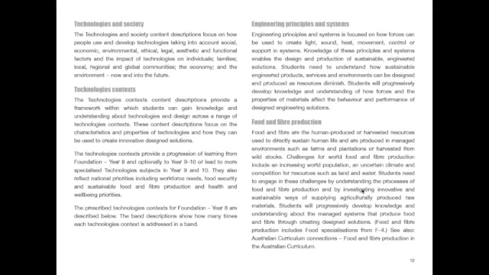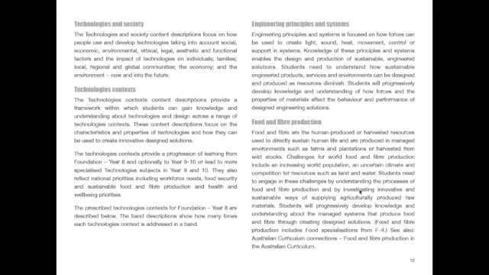But then we've got our other areas, our other contexts. Food and fibre production. Now these are relatively new ones to design and technology, but they've been incorporated in, and we need to look at how they can be developed in terms of activities.